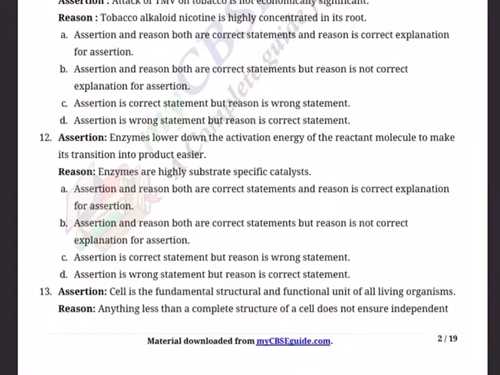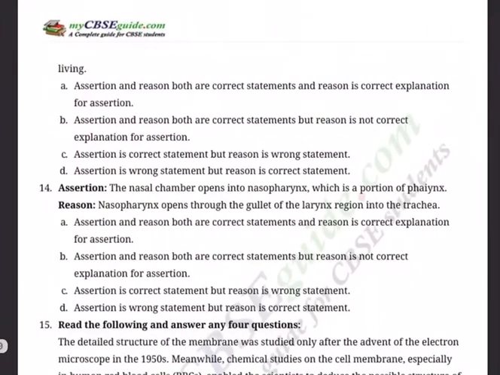Question number 13. Assertion. Cell is the fundamental structural and functional unit of all living organisms. Reason. Anything less than the complete structure of a cell does not ensure independent living.